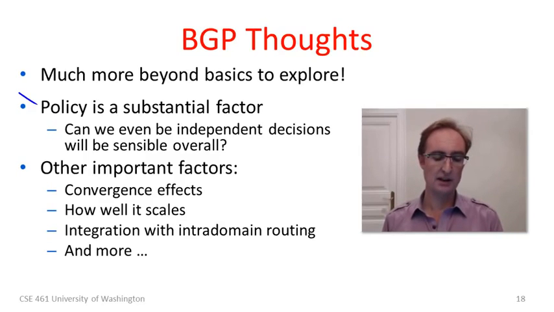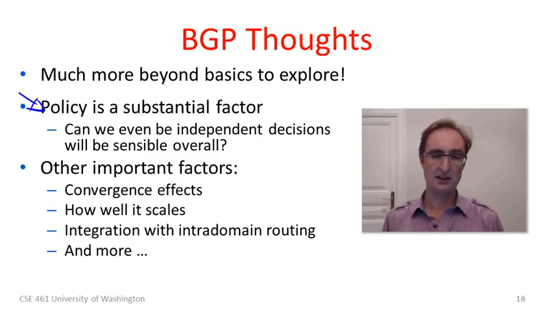What I would like you to take away here is that policy, the fact that there can be many independent parties and they can all have different and potentially conflicting goals, is a substantial factor that complicates internet-wide routing. It's a lot of the color, if you like, in BGP that makes it what it is and interesting.